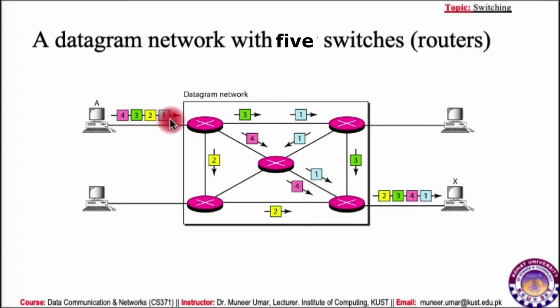Here, packet number 1 took this route and reached node X. Packet number 2 took this route, but this route seems to be a bit slower, and packet number 2 reached at the end.